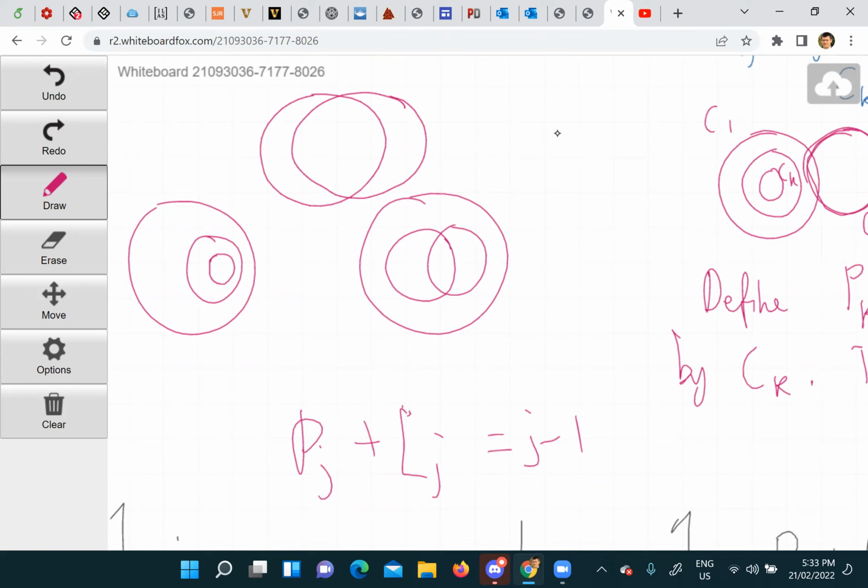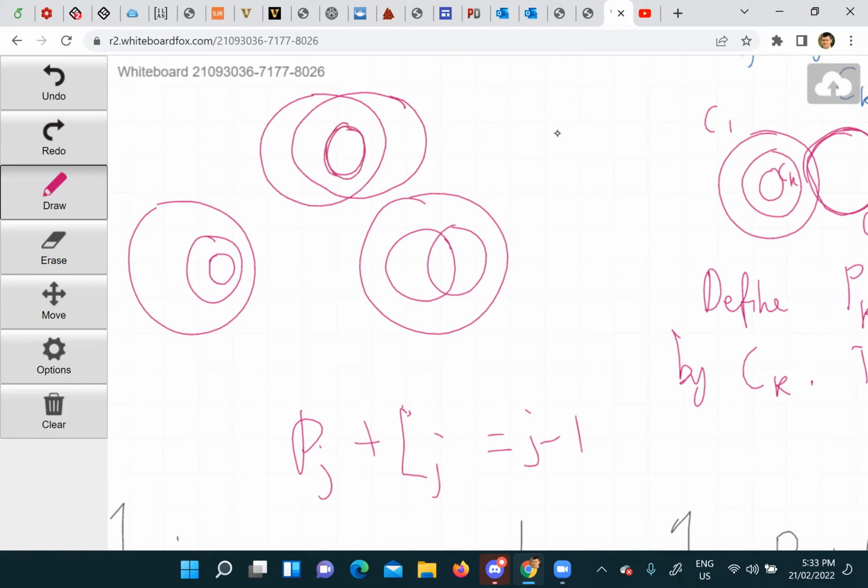The level will only increase if you put it inside C1. It doesn't care if it's inside the other one or not, right? So you have two different values of P for the same level. If I put it here, then the points lost is 0, but the L is 1. The point loss only counts for this circle.